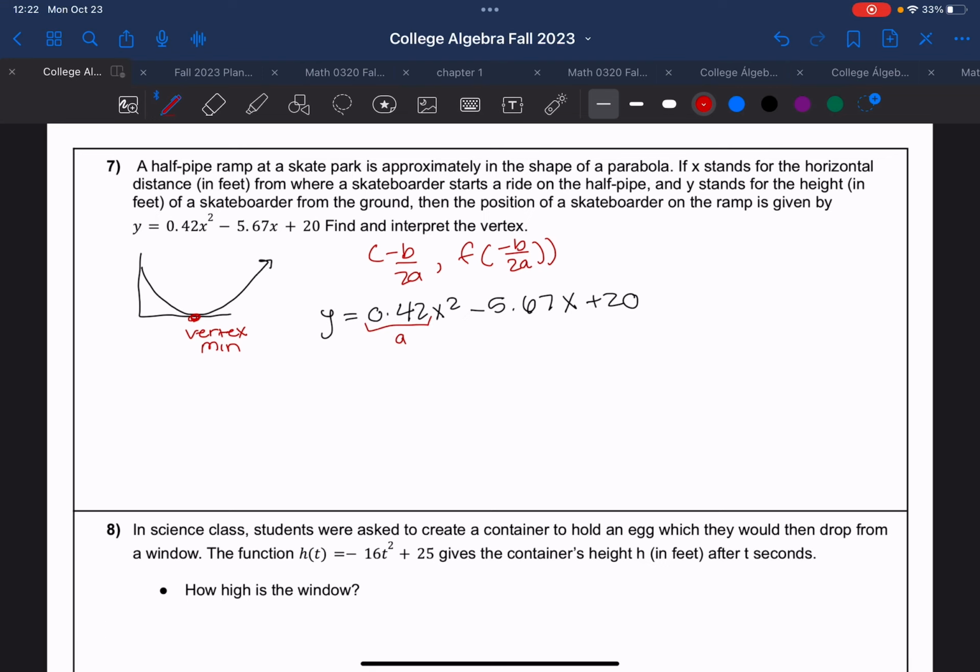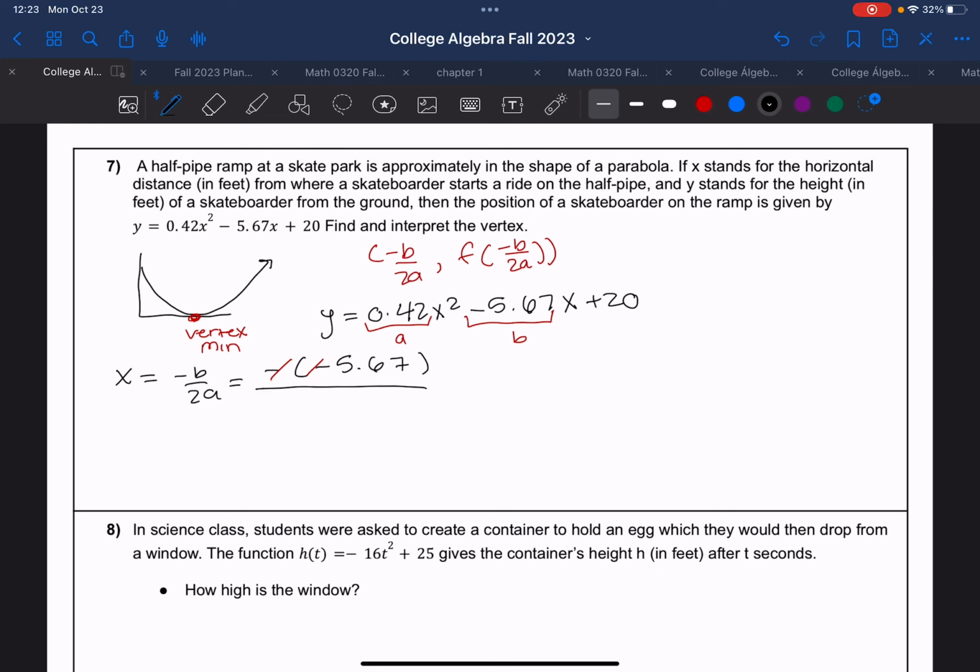So my a value is 0.42 and my b value is negative 5.67. So plugging it into my formula, I get x equals negative b over 2a. Negative b, negative because of the formula, and then b is also negative, tells us that those two negatives are going to end up canceling out to be a positive.